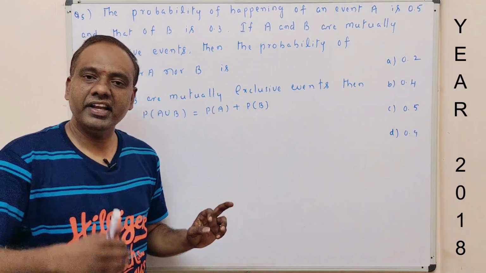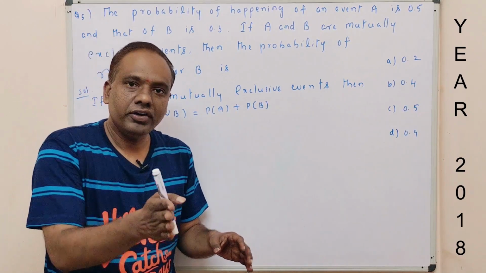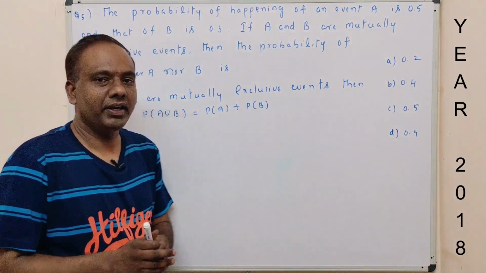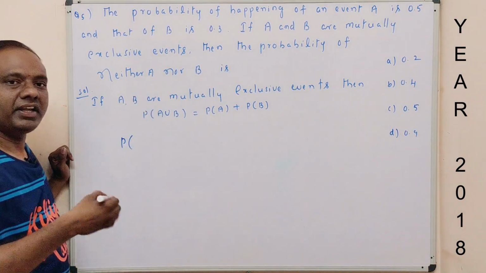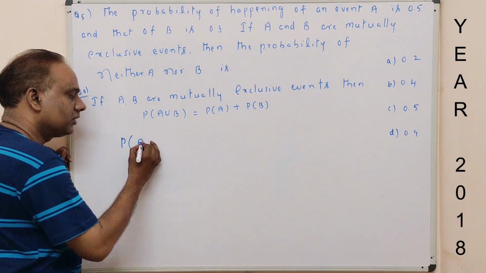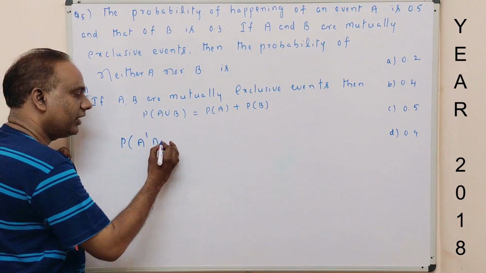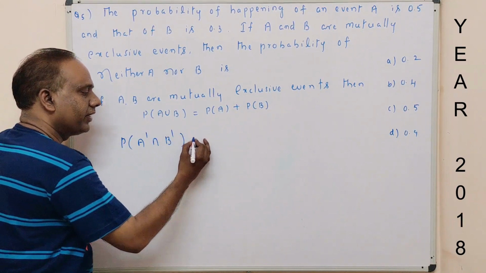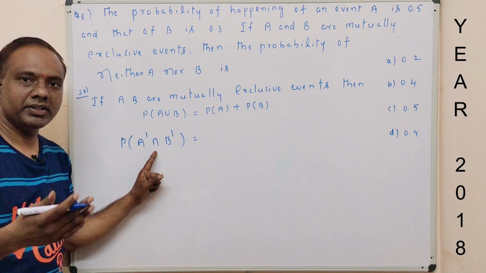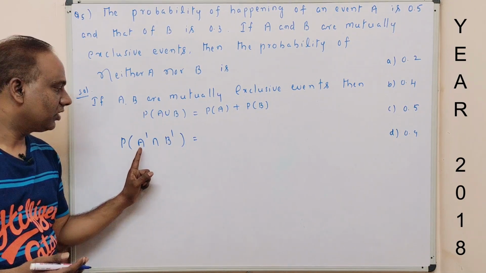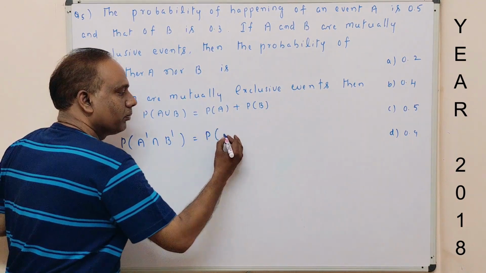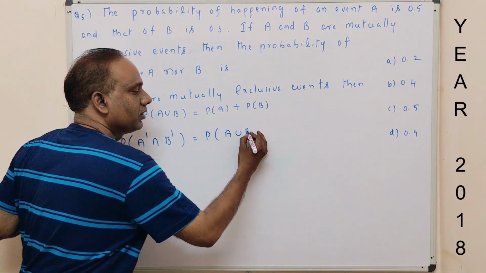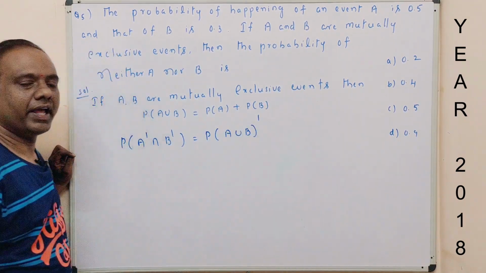Neither A nor B means not A and not B. That is the meaning. So P of neither A nor B means not A and not B, and 'and' means you take the intersection here. Not A and not B is equal to P of A union B whole dash.